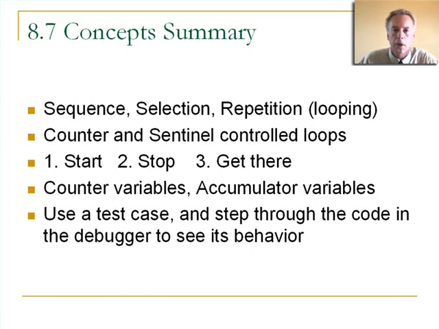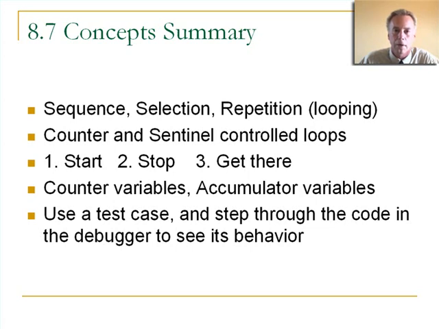We looked at two kinds of loops, using the while loop: the counter-controlled loop and the sentinel-controlled loop. A counter-controlled loop uses a variable called a counter that will be used to test to find out when the loop should stop. And the sentinel-controlled loop uses the data that the user is entering to decide when it's time to stop.